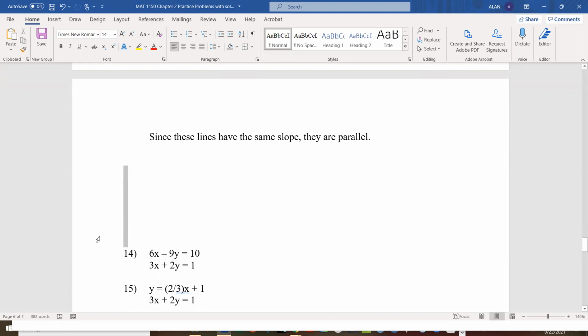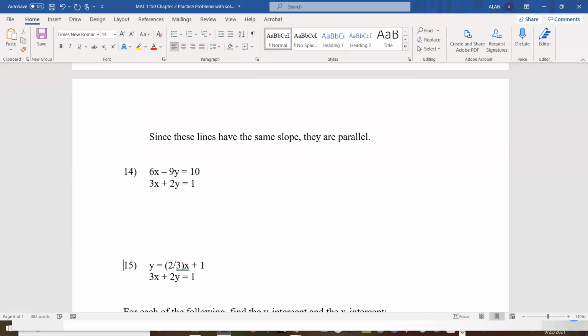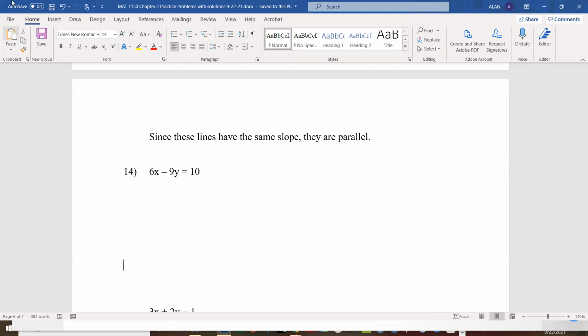14. Okay, so 14, yes. So we'll rearrange them as always. So the first one, you've got, let's subtract 6x from both sides.